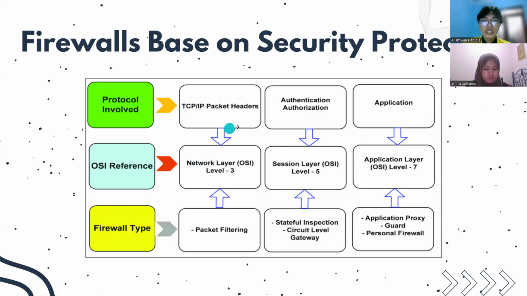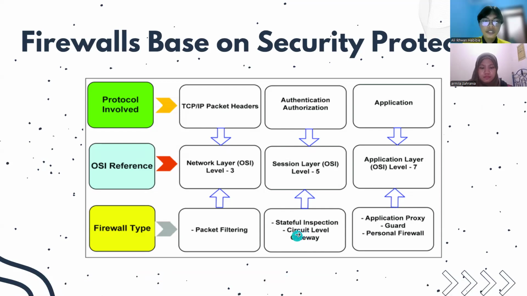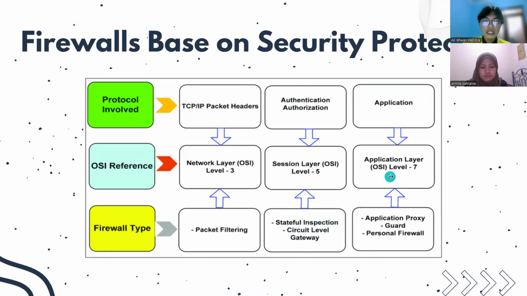Moving to the session layer, stateful inspection and circuit level gateways manage authentication and authorization, ensuring secure and established connections between devices. Finally, at the application layer, application proxies and personal firewalls provide advanced security by filtering traffic based on specific applications and protocols like HTTP, FTP, and SSH.